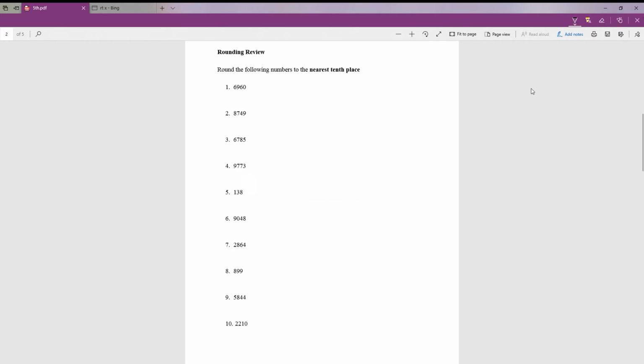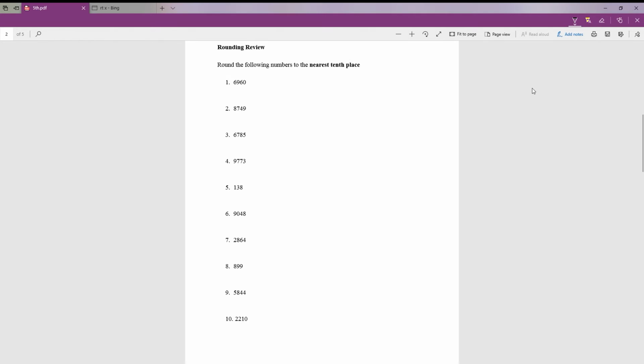Now, moving on, we have rounding review. Round the following numbers to the nearest tenth place. So if you were to round to the nearest tenth place, if I had 1,009, I would have to look at the digit that comes before, which is the ones place.